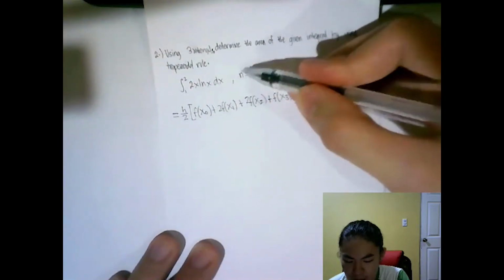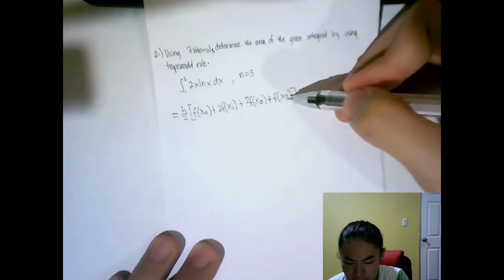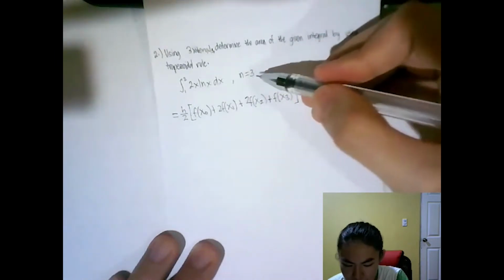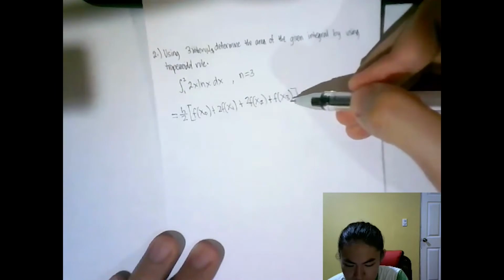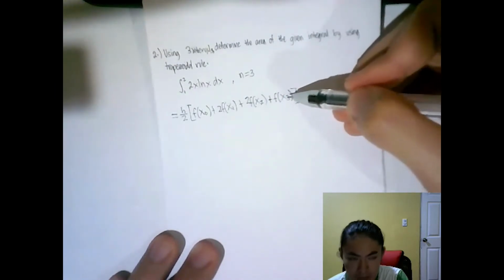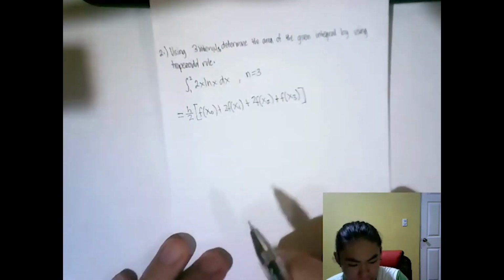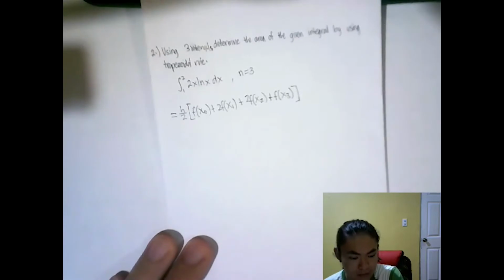Now, dito naman, mas maikli siya, hanggang 3 lang siya kasi nga, katulad ng sinabi ko kanina, kung hanggang ilan ang n natin, hanggang doon lang dapat yung ating x sub 3. So, kung 5 ito, kung 6 ito, dapat doon siya mag-end. Kung n equals 7, hanggang x sub 7 tayo dapat. Pero always tayo mag-start sa 0.